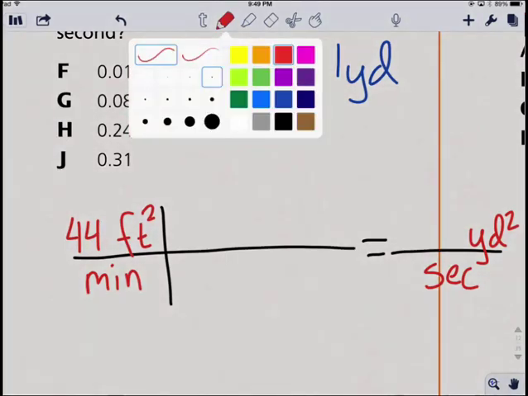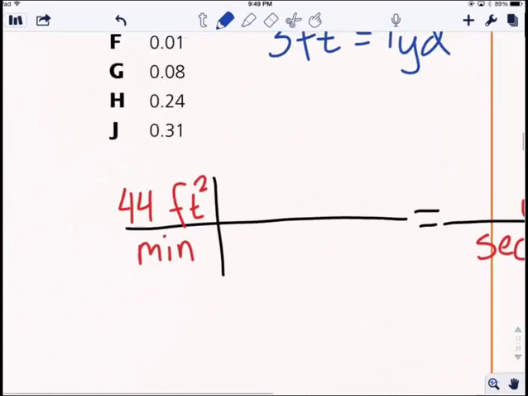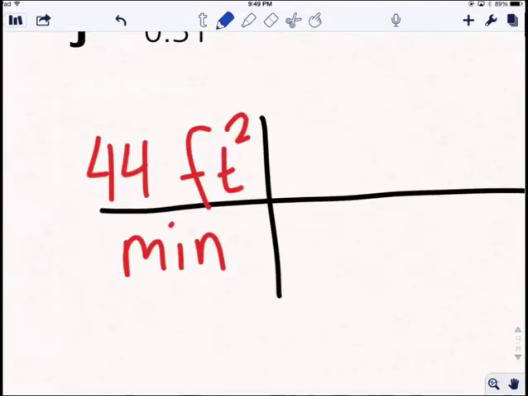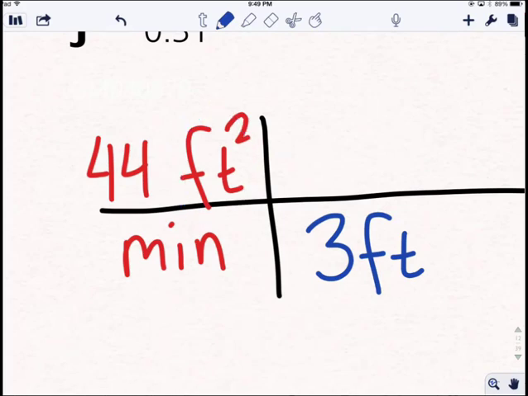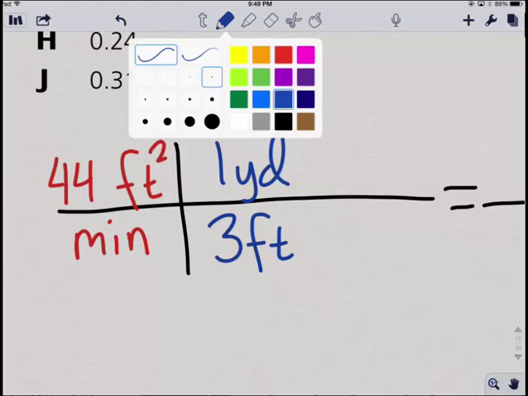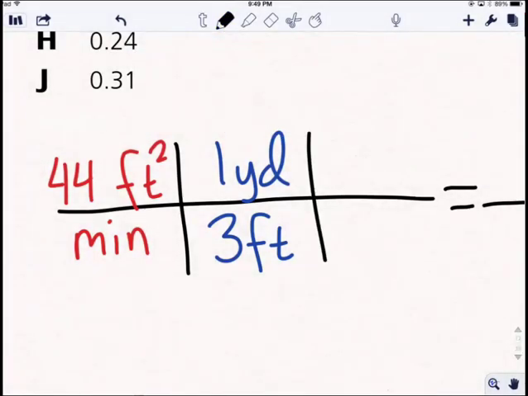Well, 3 feet needs to go on the bottom in order to cancel out the feet at the top. 1 yard goes on the top over here. Now, we have a problem because we have feet squared on the top, but only feet on the bottom, so they don't perfectly cancel each other out.